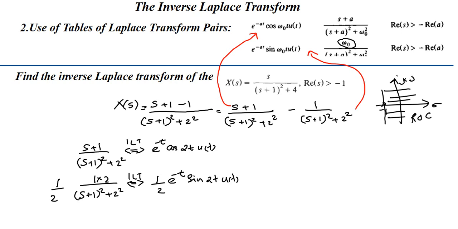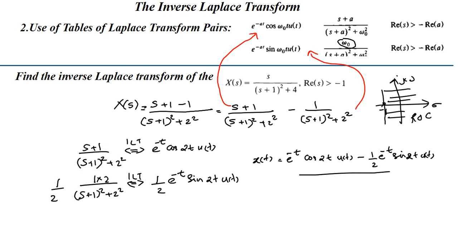If you combine the result, finally your x of t becomes e raised to minus t cos 2t into u of t minus 1 by 2 e raised to minus t sine 2t into u of t. This is a causal signal because the ROC lies towards the right of the pole minus 1.